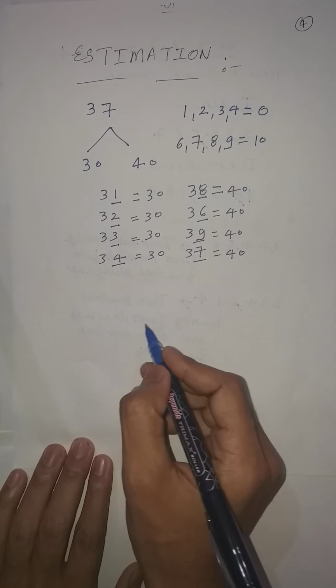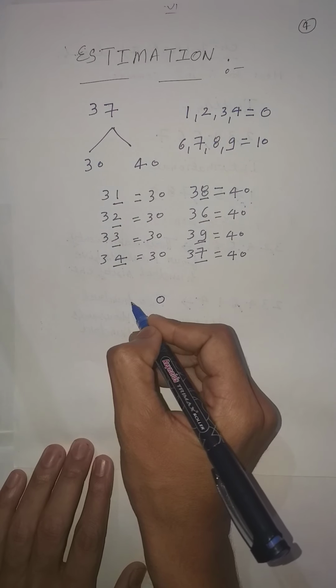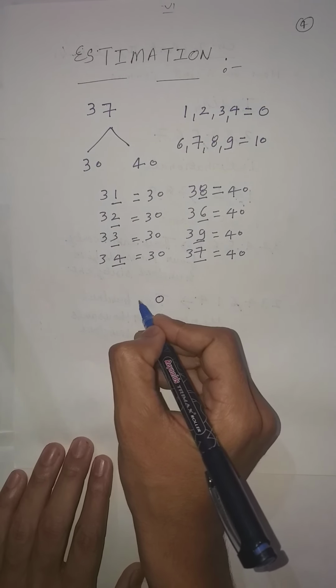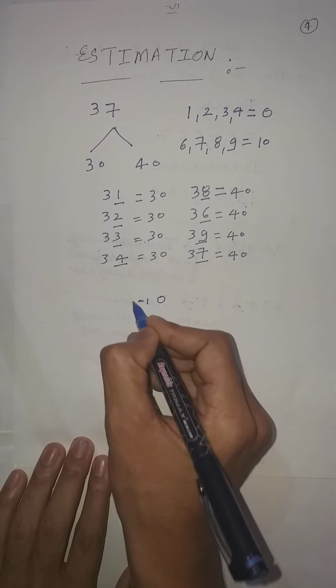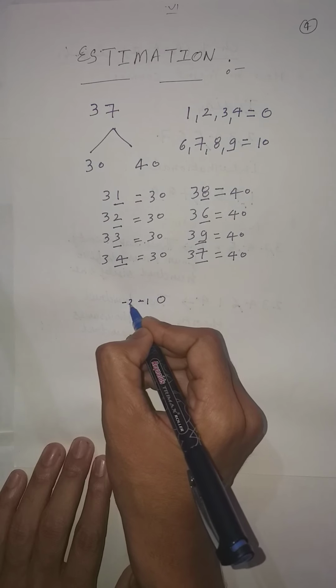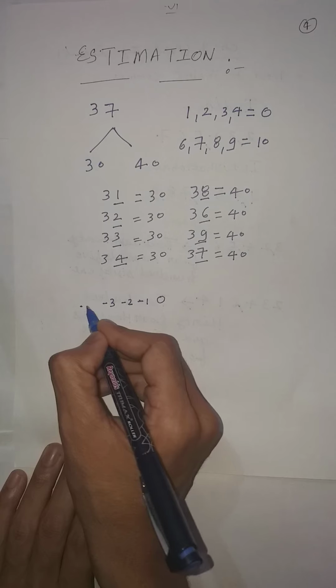You know that here if you write down 0, so here you will write down what? -1, -2, -3, and so on.